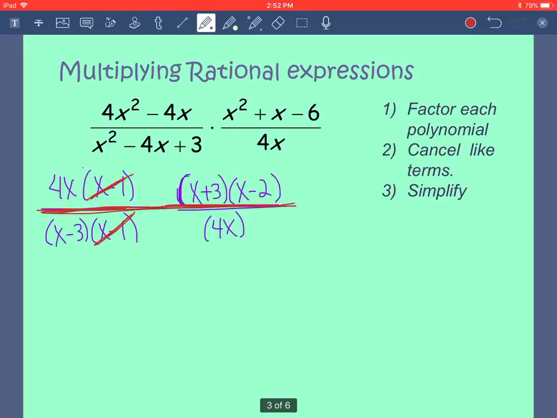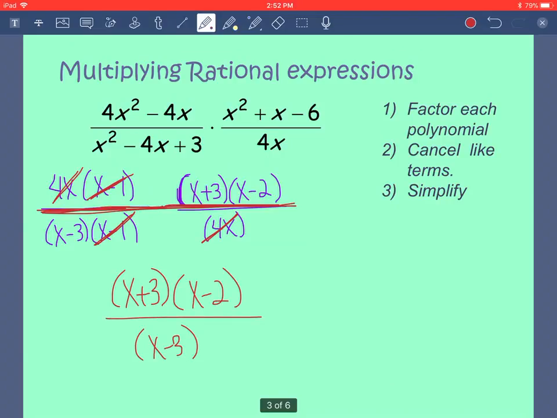I also have a 4x in the top and the bottom. But that's it as far as what is identical. I have an x plus 3 in the top and an x minus 3 in the bottom, but that is not the same thing. So I'm left with x plus 3 times x minus 2 over x minus 3. Okay, and just leave the terms factored like that. You don't have to FOIL it together.